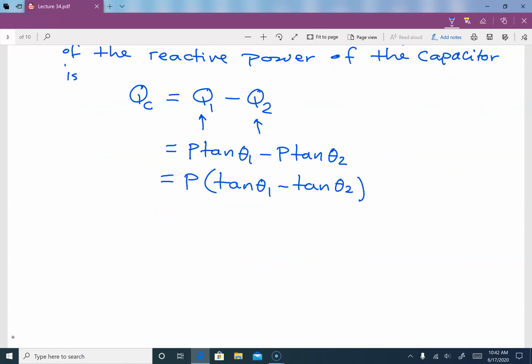And this is the reactive power of the capacitor required to correct a power factor to a desired value. Theta 1 is the angle of the original load, and theta 2 is the desired power factor angle.